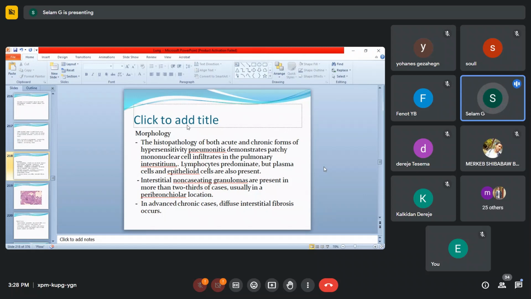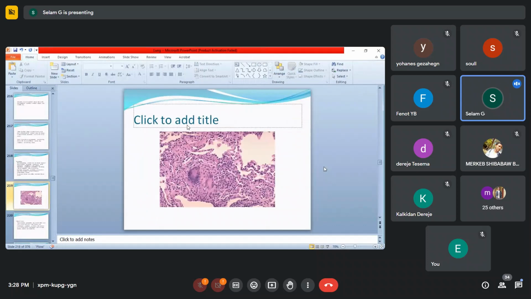In advanced chronic cases, diffuse interstitial fibrosis occurs. These allergens are the molds and the like, causing granulomatous inflammation, but the granuloma is occurring down in the alveolar septa. So this is an alveolar space, and you see this inflammation. You see multinucleated giant cells here and there, as well as granuloma formation at the distal site of the lung.